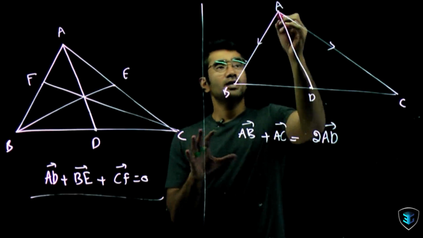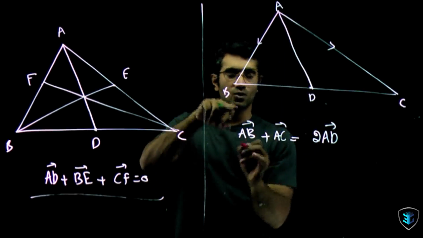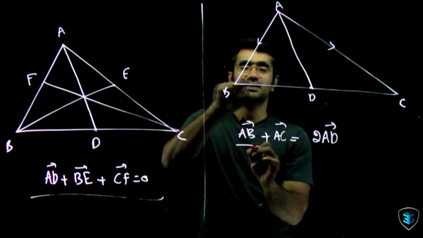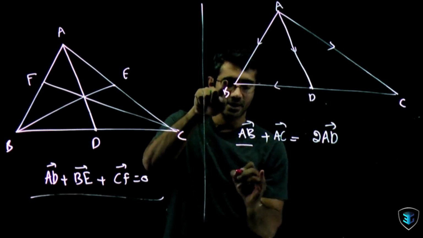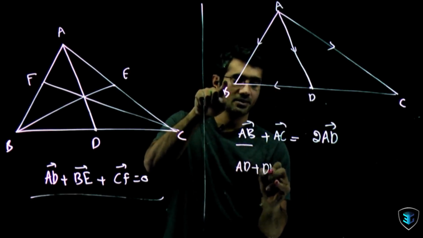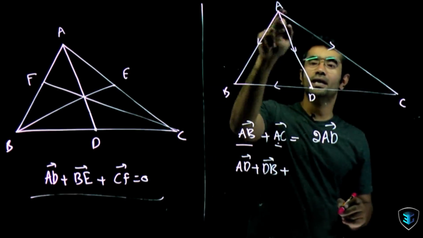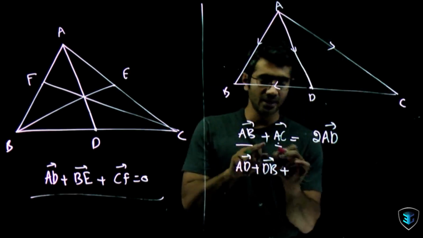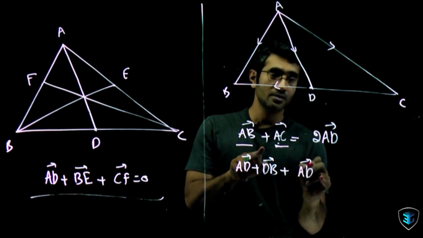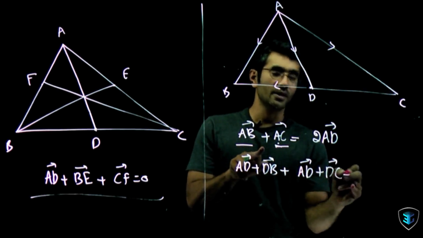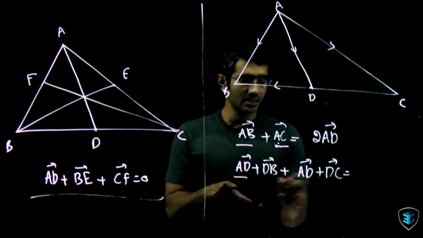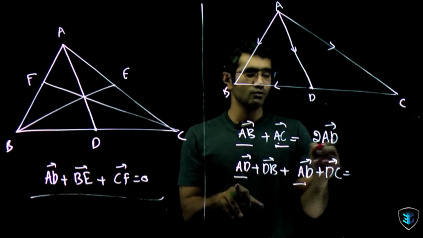It's pretty simple. I can write AB as AD plus DB, isn't it? Yes, of course I can write that. Again, what is AC for me? AC is nothing but AD plus DC. Okay. And I know that I do have AD and AD here. Yes, they add up to give you 2 times AD.